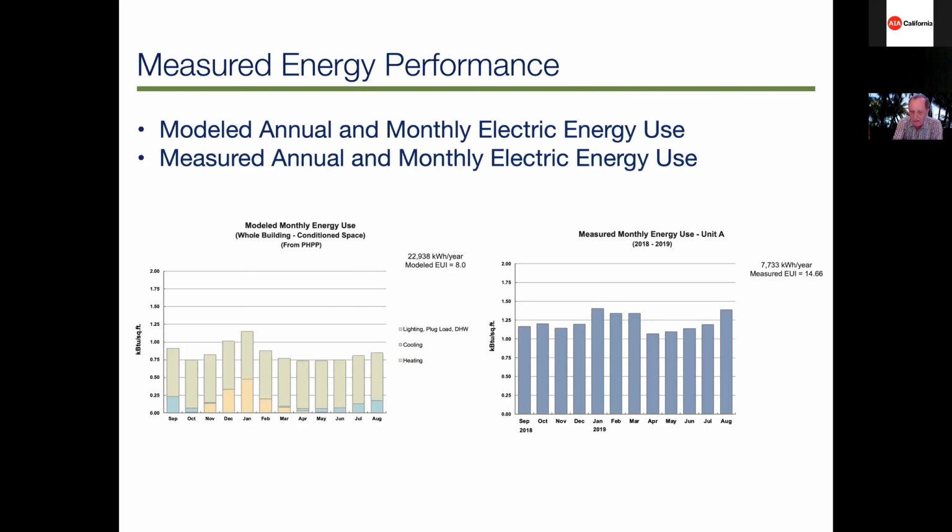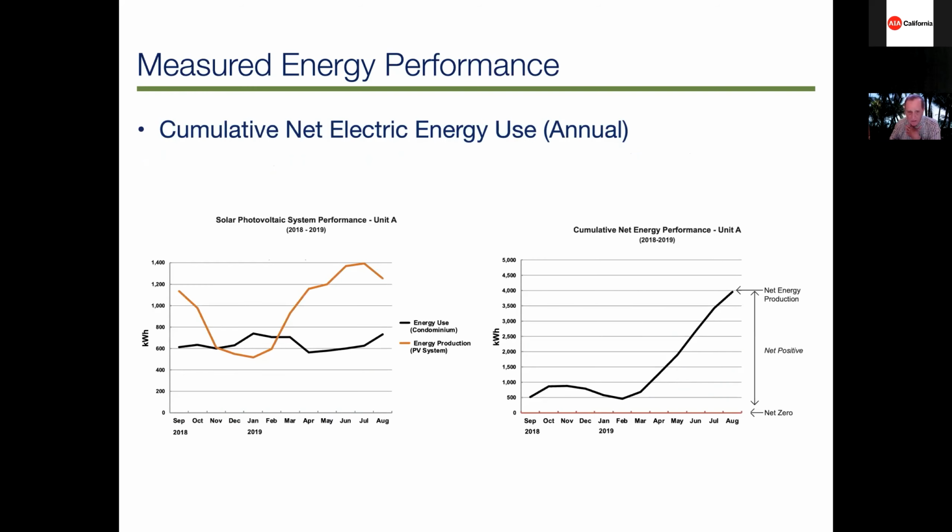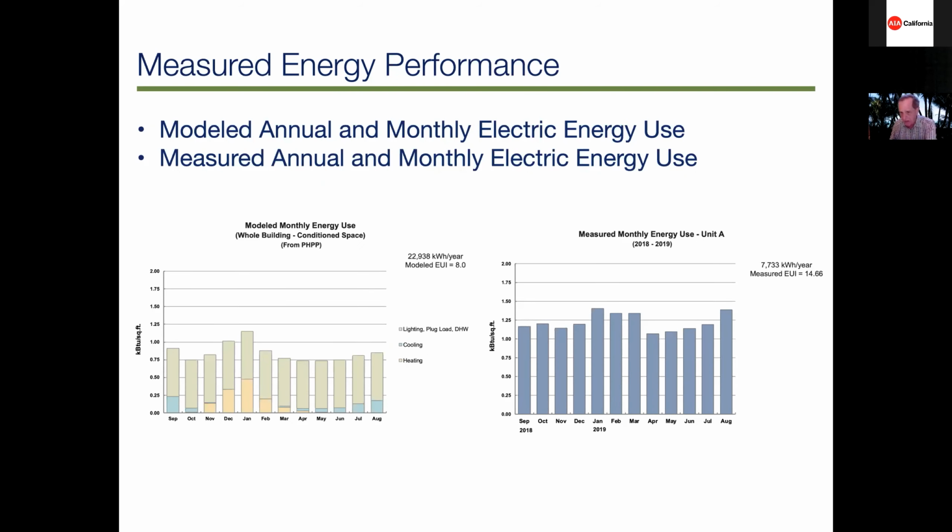So they found Passive House modeling was very inaccurate in the sense that it didn't model exactly or close to what they actually used. But the PV produced enough power that it offset all of these loads, and they did get to net zero. And here you can see it. On the graph on the left, the energy used for unit A, which was the previous graph here, the blue graph.